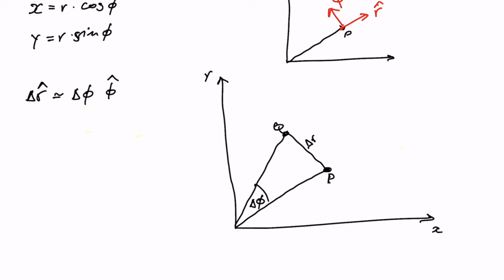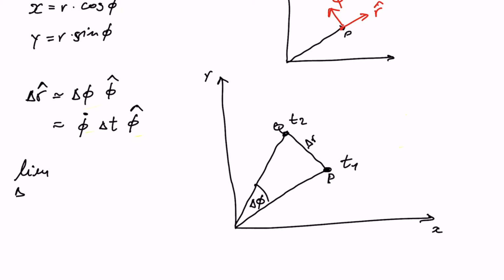So the change in r can be written through the change in phi, through the direction of rotation, which can be approximately written as phi dot delta t in the phi direction, because this is moving after some certain time. This is t1 and t2.